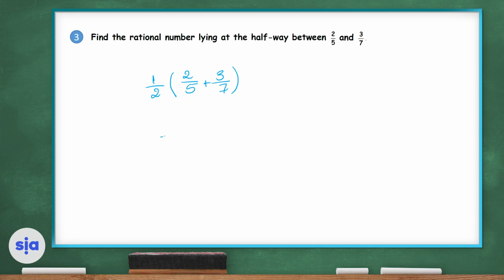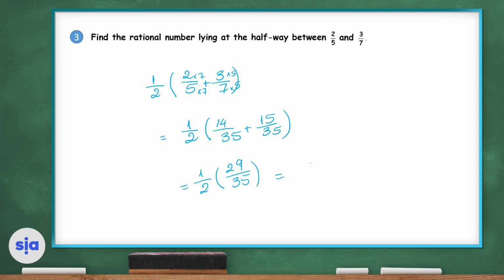So in this case, it is 1 over 2 multiplied by, here we multiply by 7 up and down, and here we multiply by 5 up and down. So it's half times 14 over 35 plus 15 over 35. Then it is half multiplied by 29 over 35, which is 29 over 70.